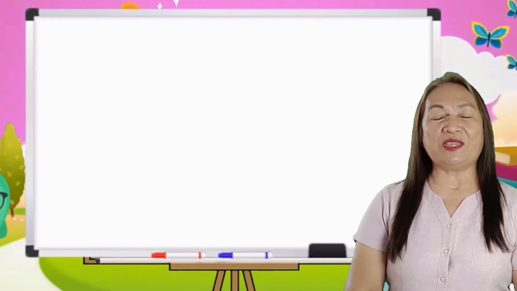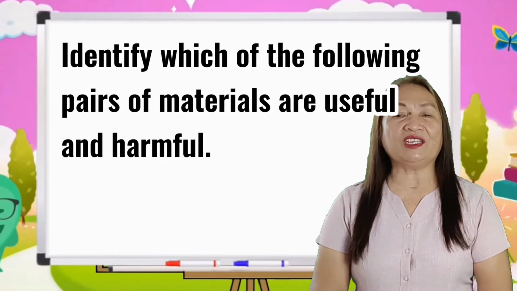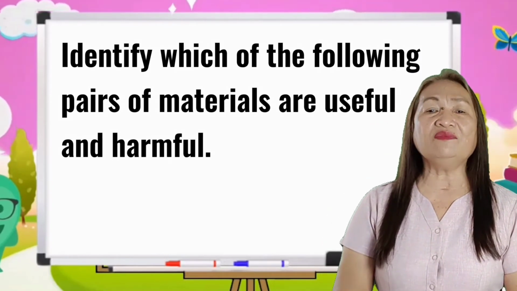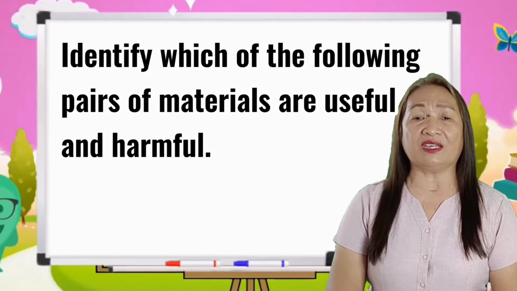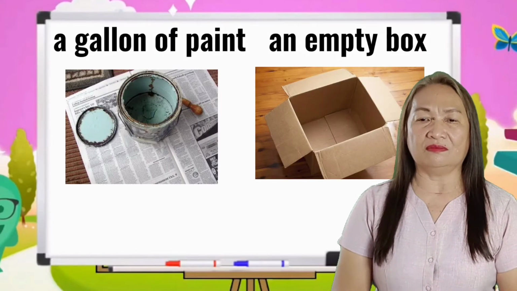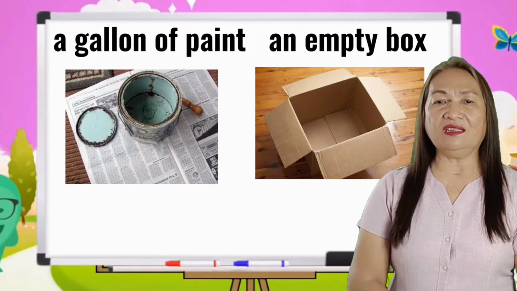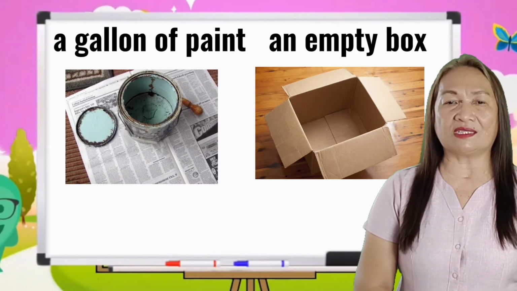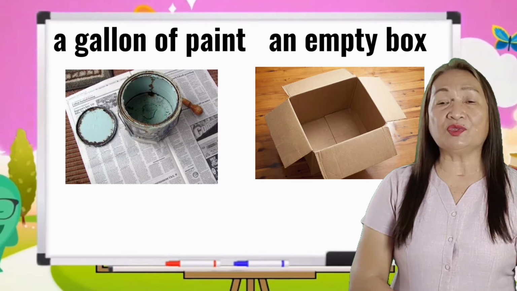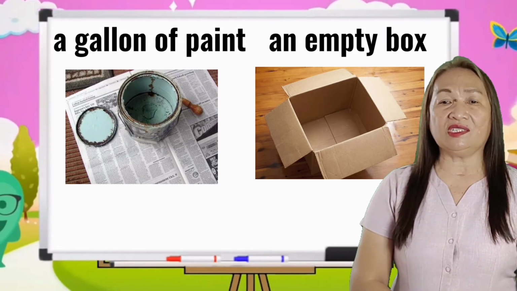I have here a picture. At this time, you are going to identify which of the following pairs of materials are useful or harmful. We have a gallon of paint and an empty box. Which of the two is harmful and which is useful?